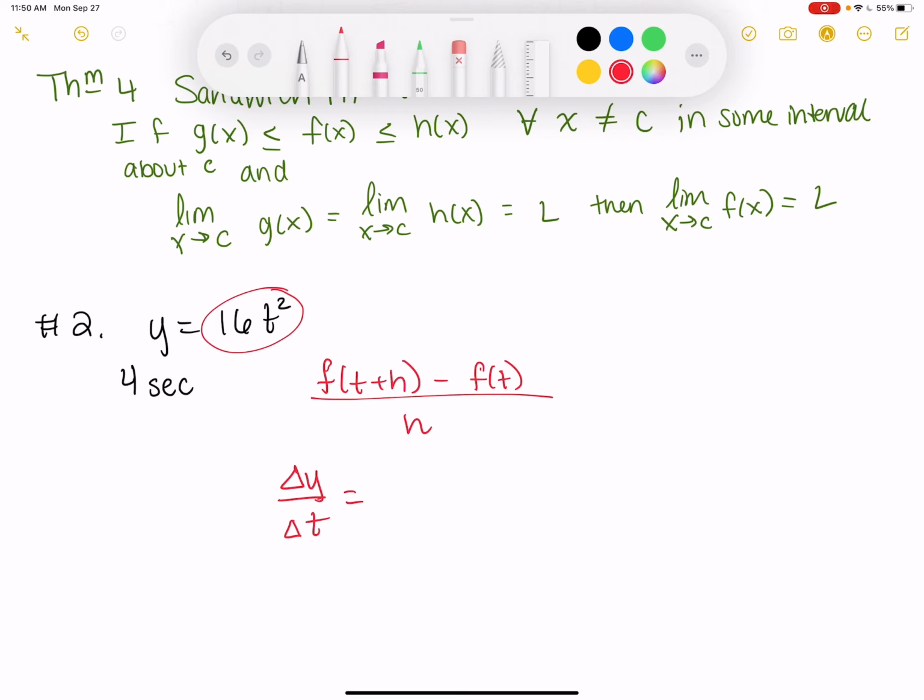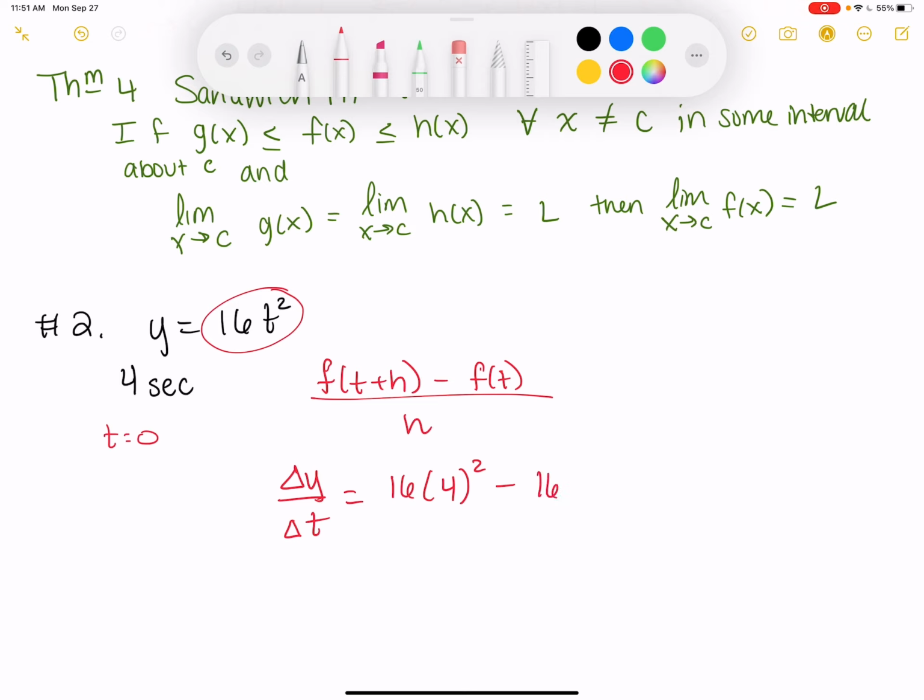In this case, since one of the times is 0, I'm just plugging in the 4. So it's going to be 16 times 4 squared minus, in this case t is 0. Remember, it starts from rest and we want it over that whole interval. So t is 0, which is our initial time.